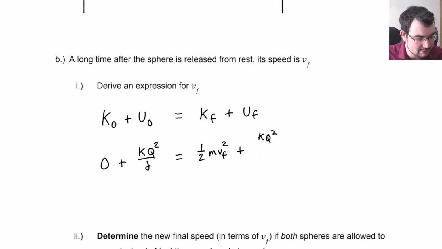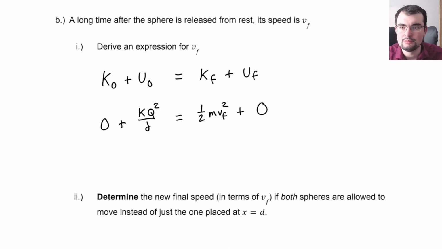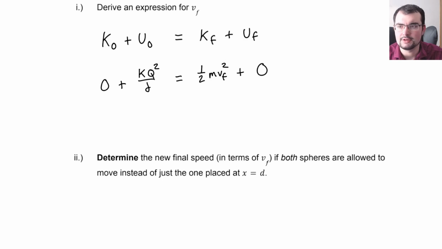So I'm just going to redo this without it, because we just figured out that if they're far, far away, there's no potential energy, because it doesn't cost any energy to have spheres infinitely far apart if they want to be far apart. So we just solve it. 1/2 mv squared equals kq squared over d.